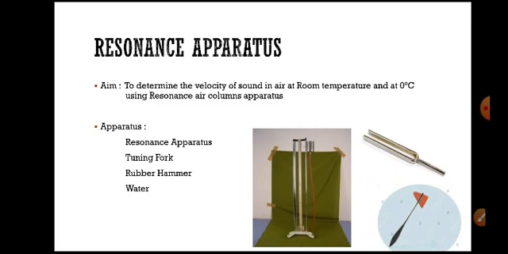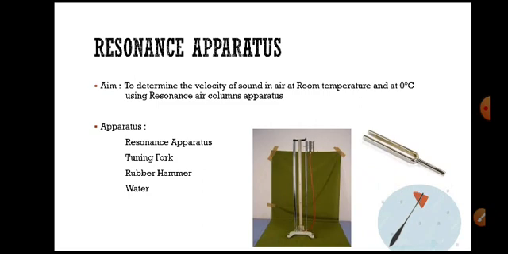By using this resonance apparatus, we can find out the velocity of sound in air. We can compare the frequencies of the given two tuning forks, and we can determine the frequency of the given tuning fork.